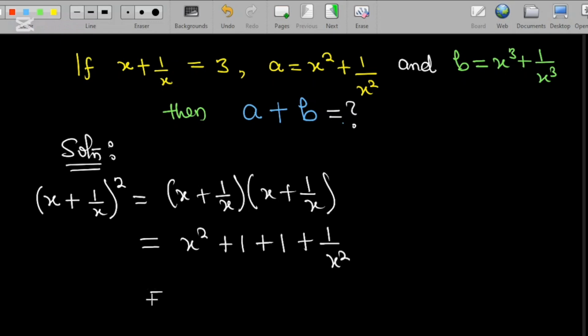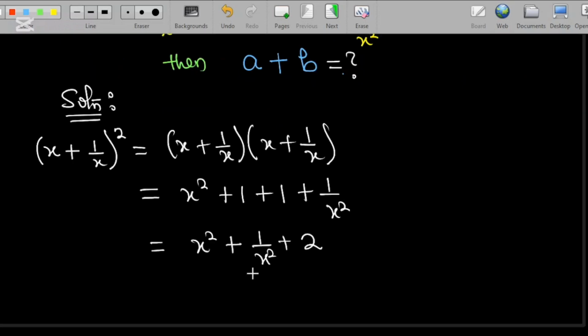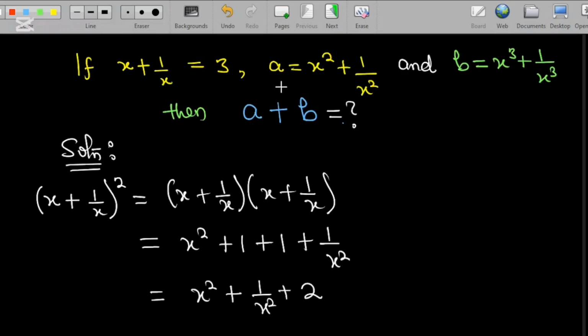Okay, and so from there we are going to have x squared plus 1 over x squared, then plus 1 plus 1 is 2.